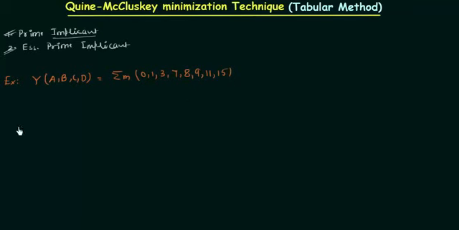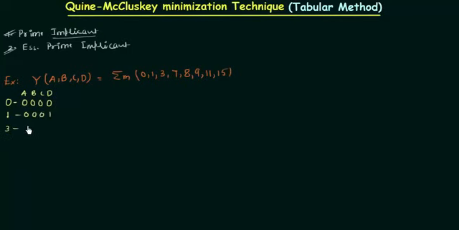Before that, I will write down the binary equivalents for these minterms. I hope you already know these things. No need to write them down in your exam, but for reference, I'm going to write down the binary equivalent. 0 is 0, 0, 0, 0. We are having 4 variables a, b, c and d. For 1, we have 0, 0, 0, 1.